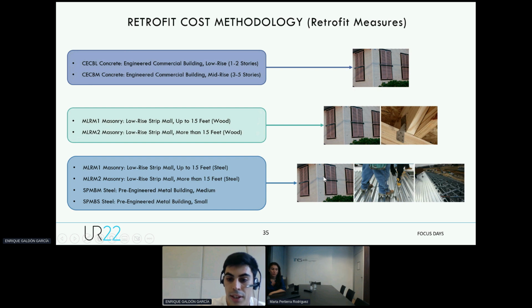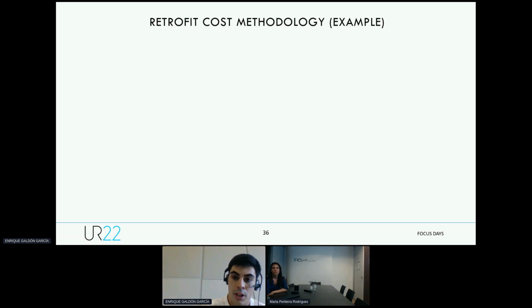So in this case, again we have the shutters. We can also improve the metal deck attachment, and we can change the whole metal sheet. These are the retrofit measures.